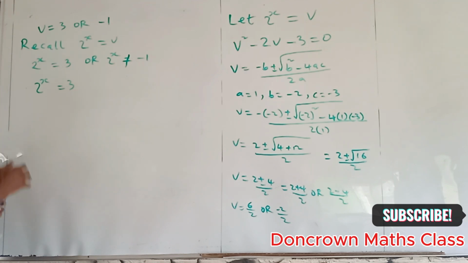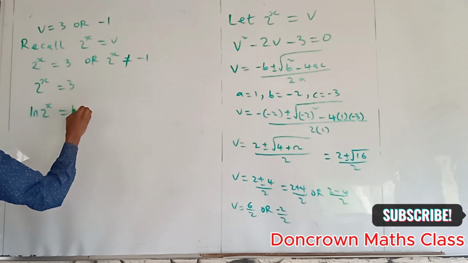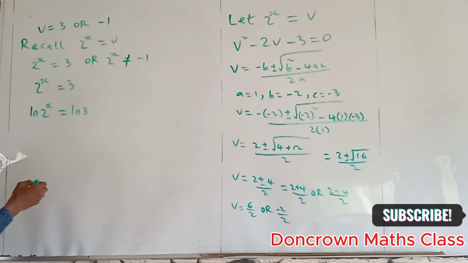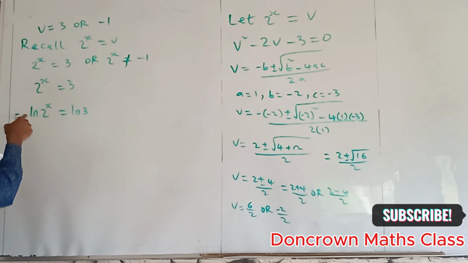So we are going to take the natural logarithm of both sides. So we have ln 2 raised to power x is equals to ln 3. You get that now? Now, according to the law of logarithm, since this one is 2 raised to power x, this x can come and multiply this ln. You get that now?